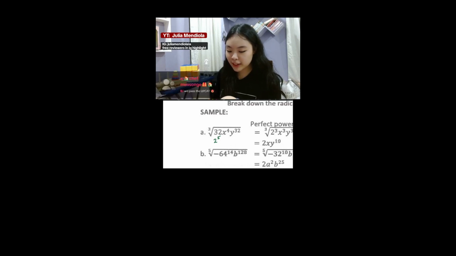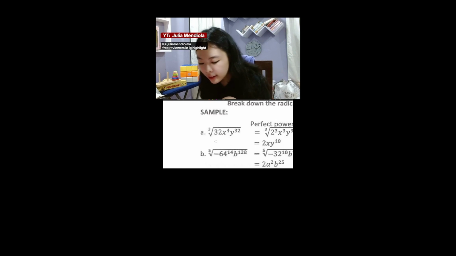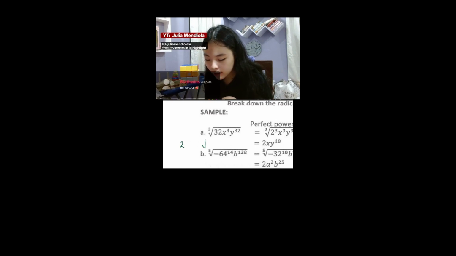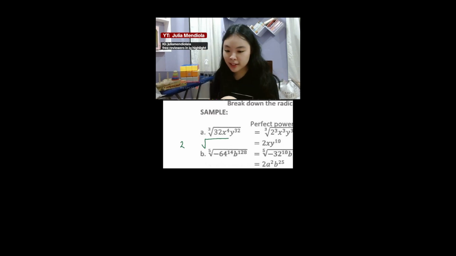Ilan ang pwedeng ilabas? Dahil, same lang yan dito, guys. Dahil 3 yan, 3 lang ang pwede lumabas. Okay? 3 2 lang ang pwede lumabas. So, ilang 2 ang may iwan sa loob? Dahil, maglalabas tayo ng 2 here. Let's put the 2 outside. Ang matitira sa loob ay, yes, 2. So, 2 raised to 2 pa rin ang nasa loob.